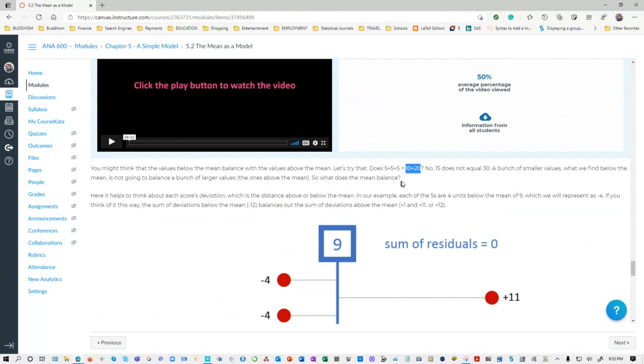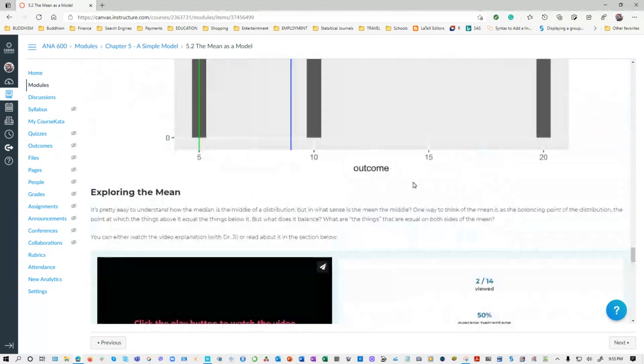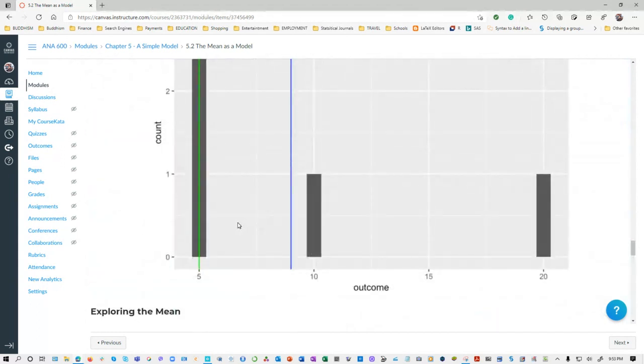So what does the mean balance? Here it helps to think about each score's deviation. But first, look at the median. At the median, you have a 15 here. Below that one and above that one, how many numbers?